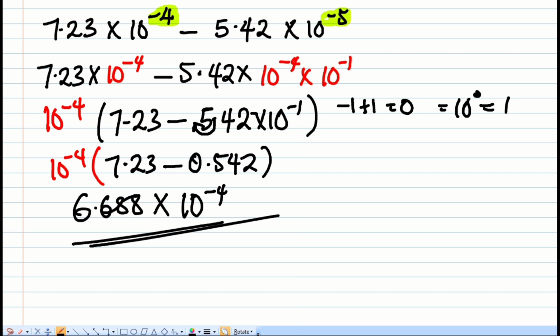Now another thing you may want to do is that instead of breaking this down like we did at this point, you can go directly. Remember, anytime you move the decimal towards the right, the power of 10 will decrease, and anytime you move the decimal towards the left, the power of 10 will increase.